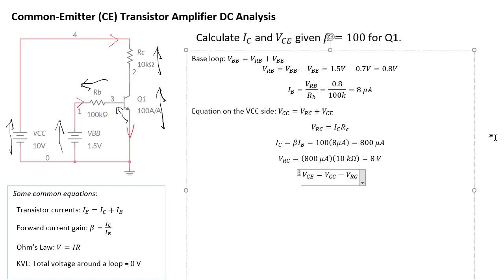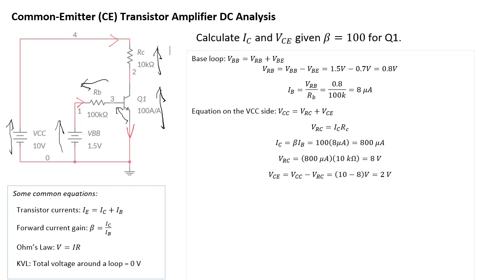VCC is 10 volts, so it's 10 volts minus VRC, which is 8 volts. Therefore the answer is 2 volts.